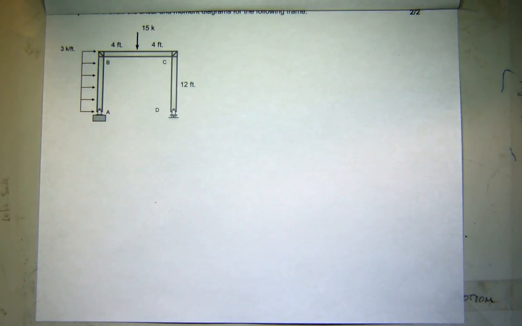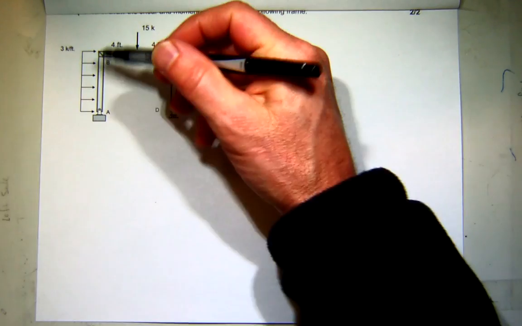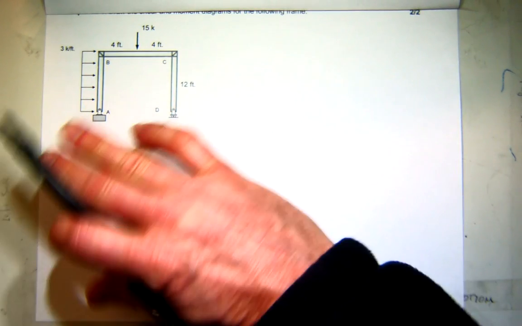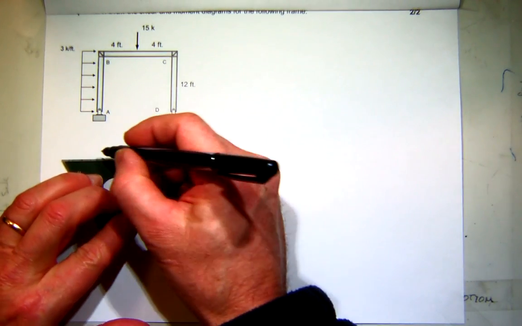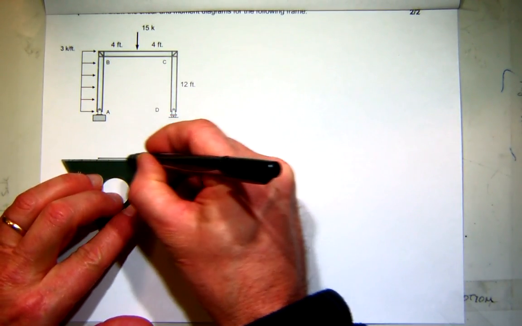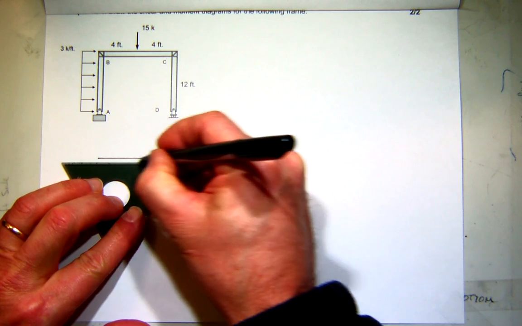So I'm going to start by imagining this section AB rotated over 90 degrees. And I'm going to draw that. I think I can put it in right here. So I'm going to imagine this section AB here.